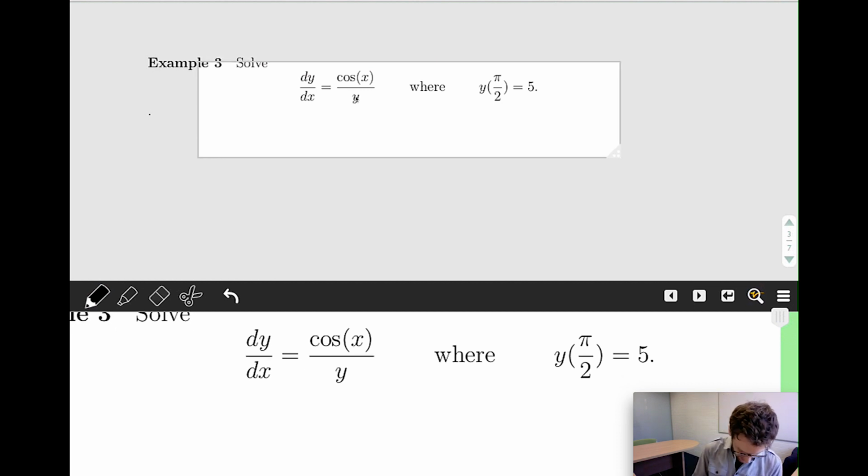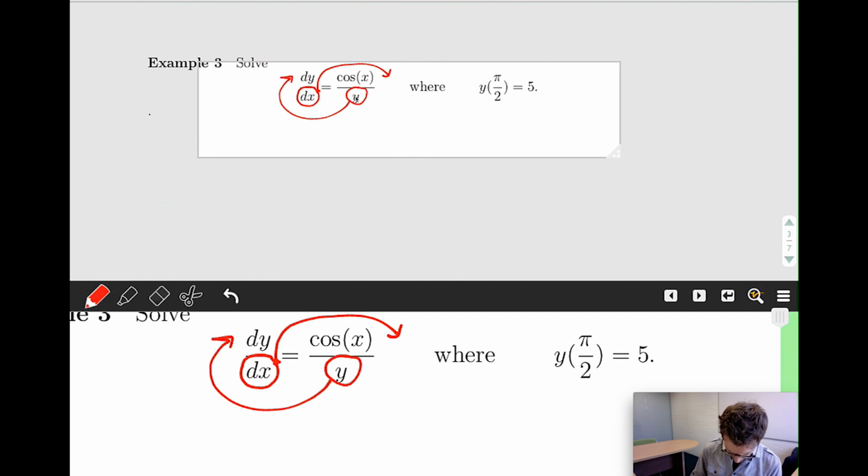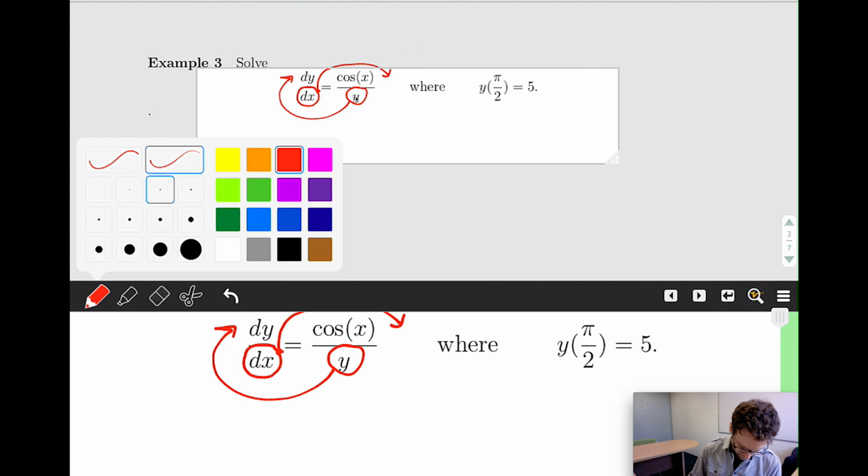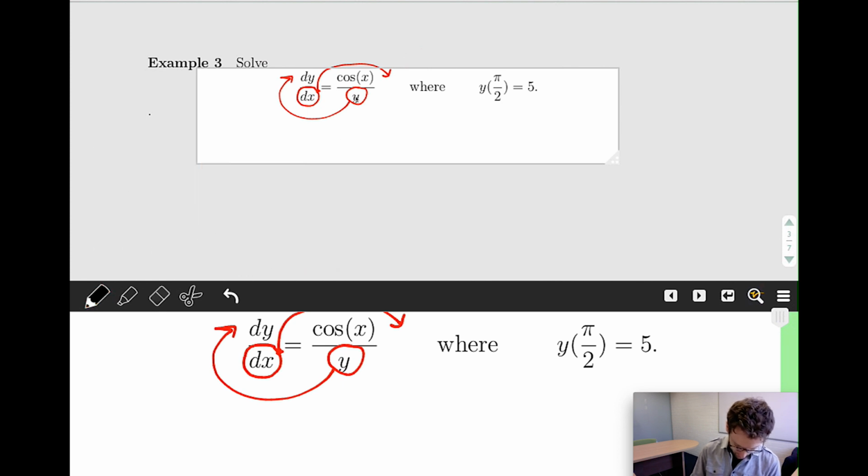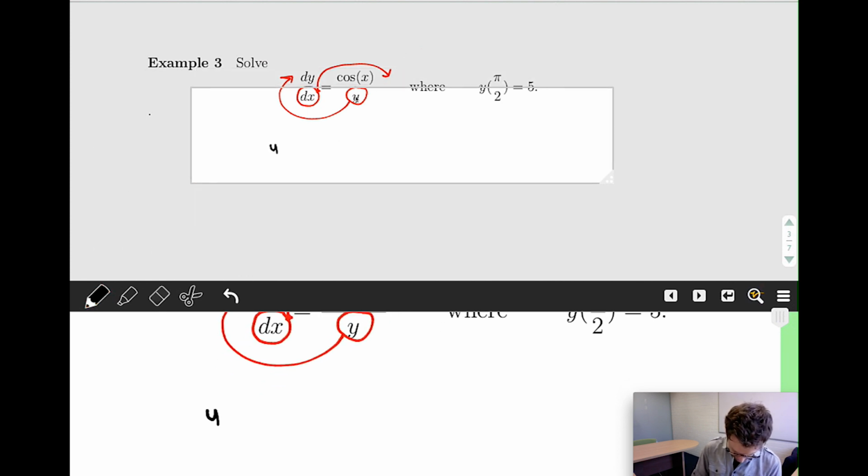So dy/dx, I can take the dx on the bottom, multiply it up, take that y on the bottom there and multiply it up on this side to end up with y's on the left and x's on the right.